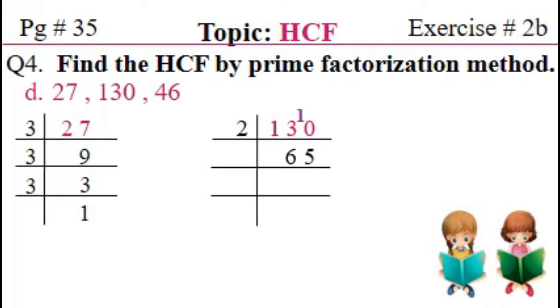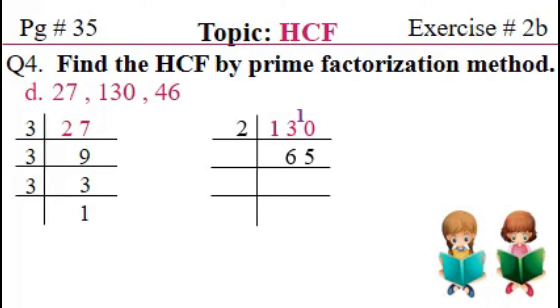You will simply add the digits of the given number. 6 plus 5 is 11. And 11 is not a multiple of 3, right? 11 is not completely divisible by 3. Therefore, 65 is not divisible by 3.